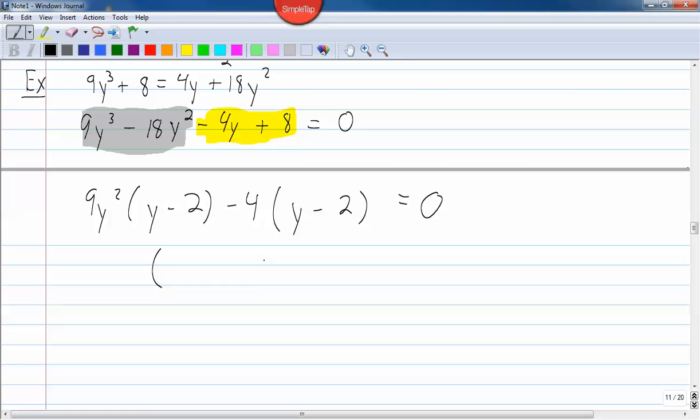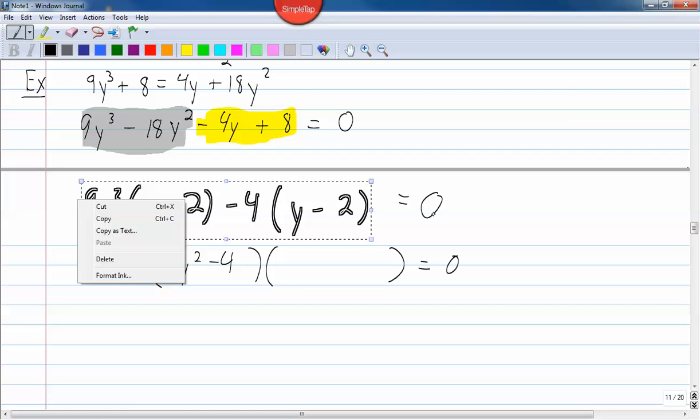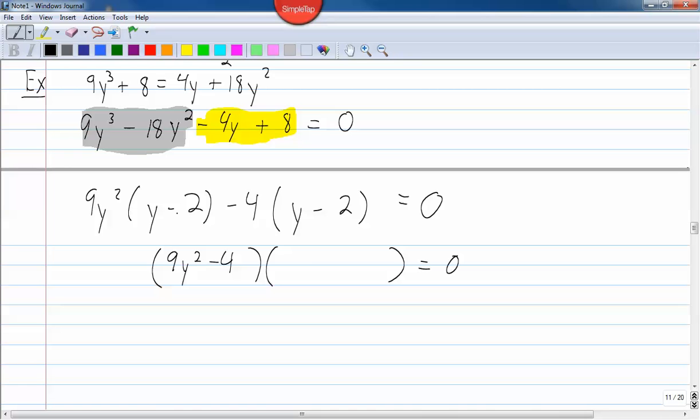So how do I do that? I make two sets of parentheses. In the first set of parentheses, I'm going to put what's on the outside of each of my previous two sets of parentheses. That's 9y squared minus 4. In the other parentheses, I'm going to put what was in the previous two parentheses, the y minus 2.